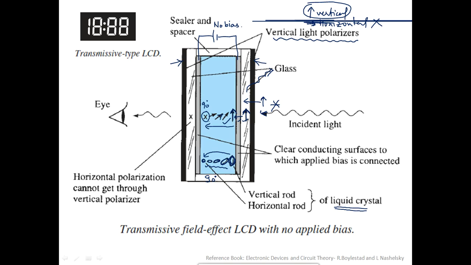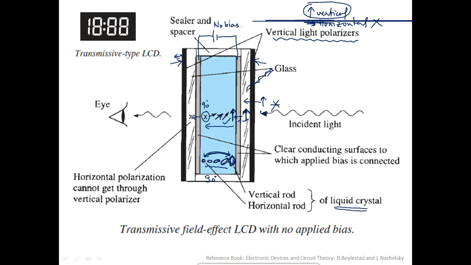So what has happened? The vertical component of light has become a horizontal component due to these rod-like molecules. So what happens when the same horizontal component moves here and falls on the vertical light polarizer? Please understand, this is also a vertical light polarizer.